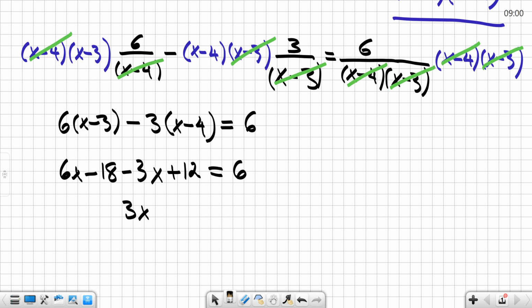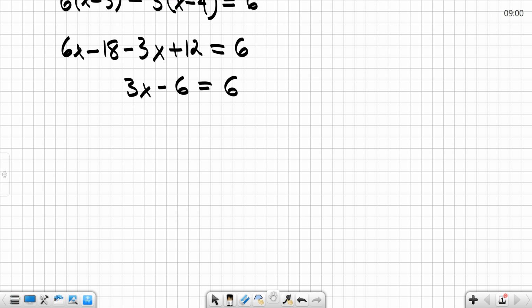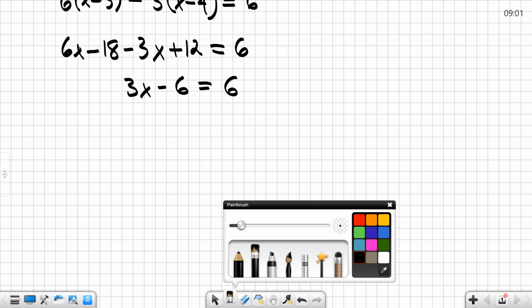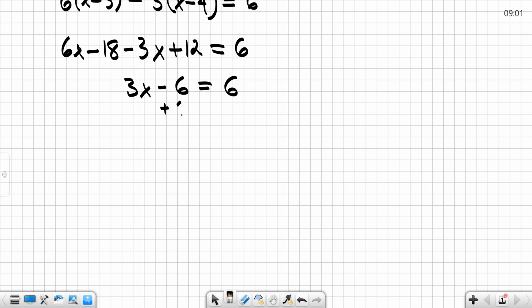Negative 18 plus 12 will give us negative 6, which is all equal to positive 6. I am adding 6 to both sides. We are adding everything up, and we get that 3x is equal to 12.